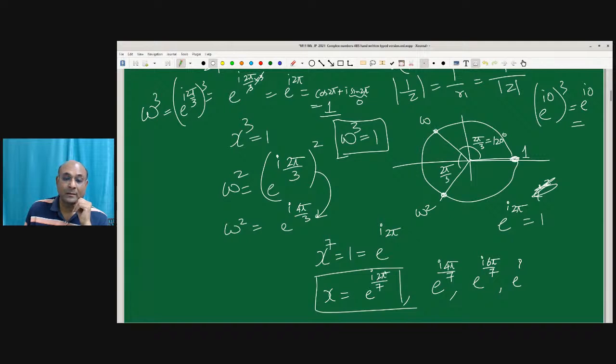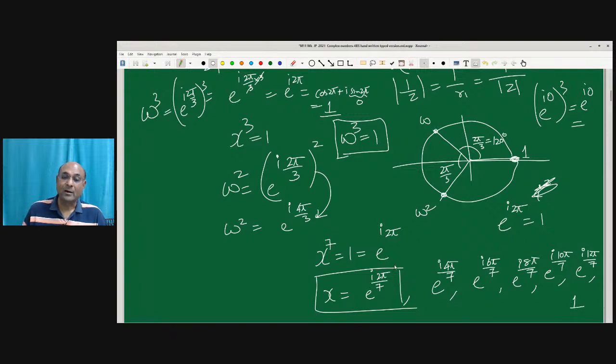Then 8 pi by 7 is also a root, 10 pi by 7 is also a root, 12 pi by 7 is also a root, 14 pi by 7 is also a root. 14 pi by 7 is basically e to the power of i 2 pi, which means 1 is also a root.